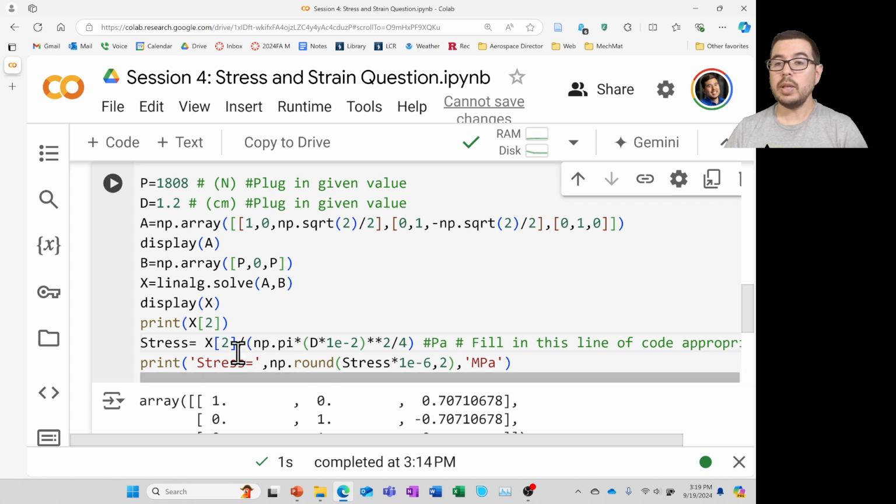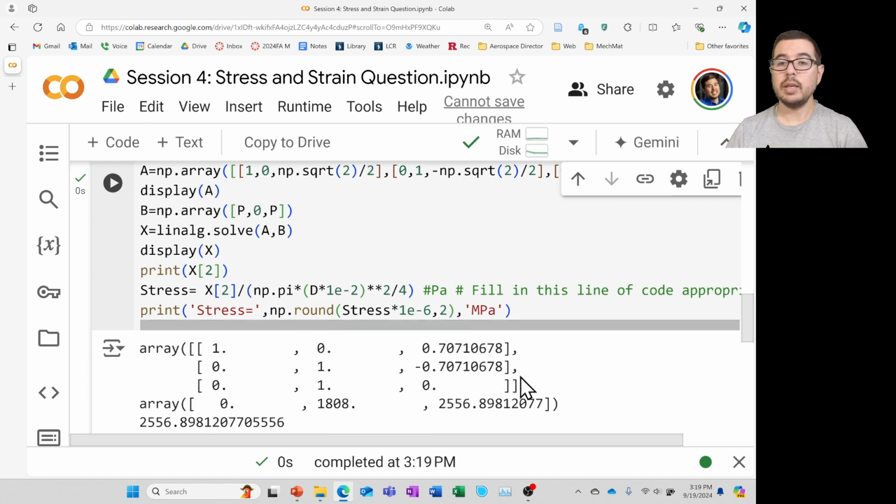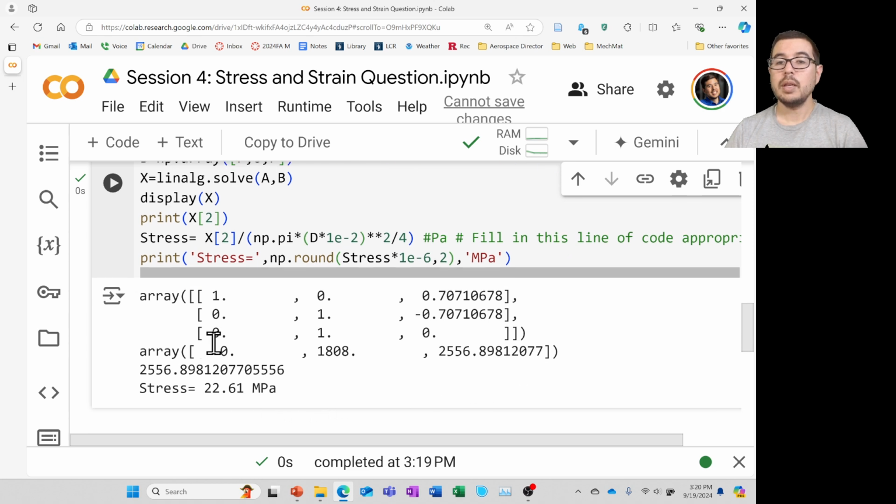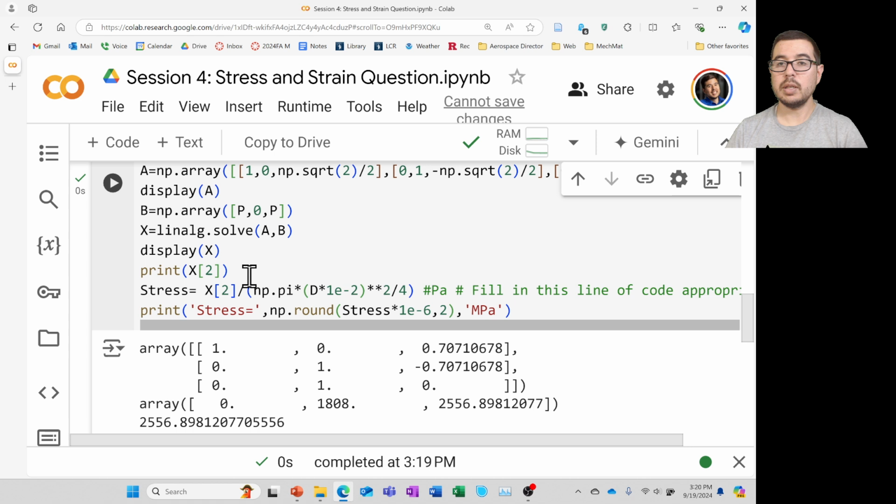So at this point, we just let it rip. We run, and it gives us a bunch of things. Remember this calculation here is just a display of the A matrix, this first one, this 3 by 3.